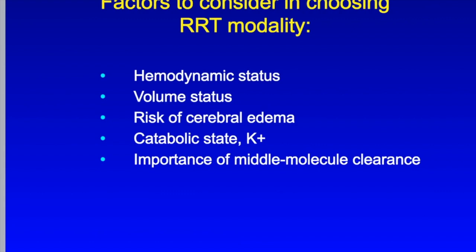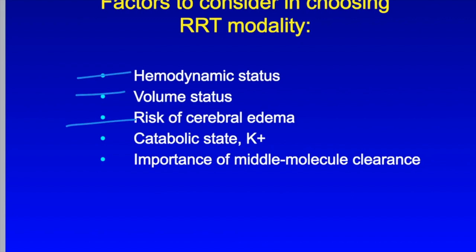So the factors that we take into consideration when deciding on the best method of RRT for a particular ICU patient include things like these: if the patient has an unstable hemodynamic or volume status, or is at risk for cerebral edema, the slow continuous modalities are much better tolerated than a 4-hour hemodialysis, which may induce wide swings in volume and blood pressure or rapid shifts between body fluid compartments.